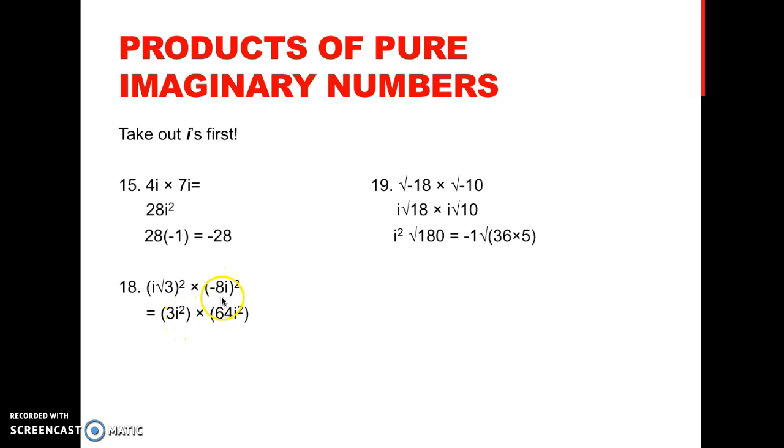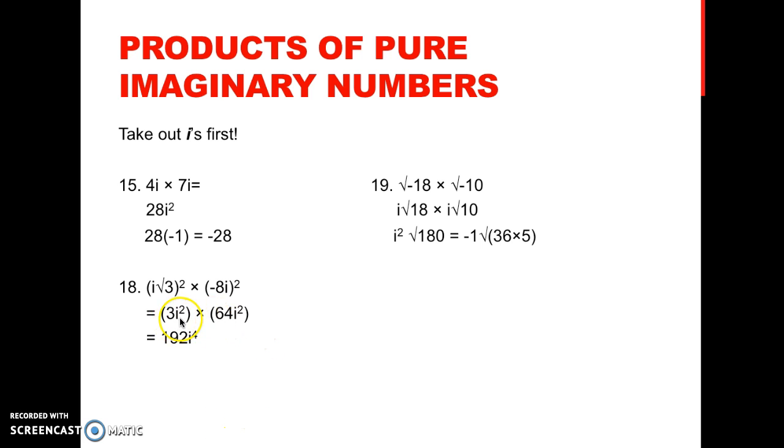Now we take this, we square negative 8, so negative 8 squared equals positive 64, and then we square i, which equals i squared. Are we done here? No, we can break it down further because we have those i squareds, so i squared equals negative 1.